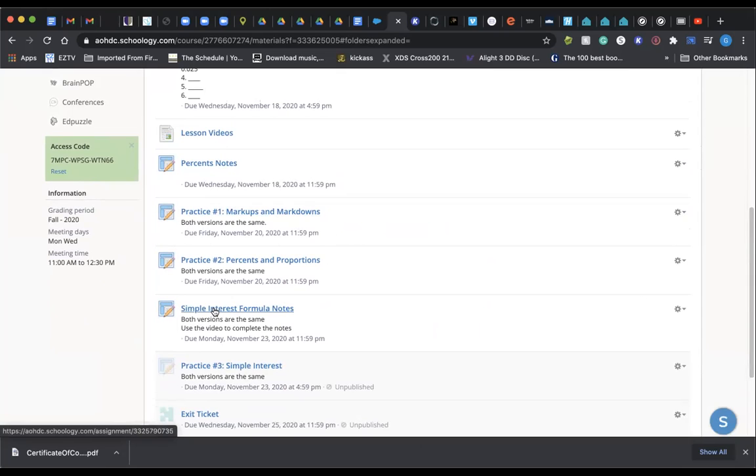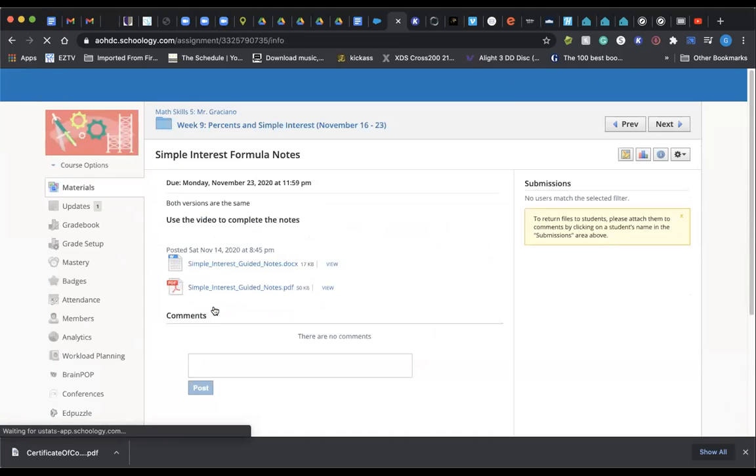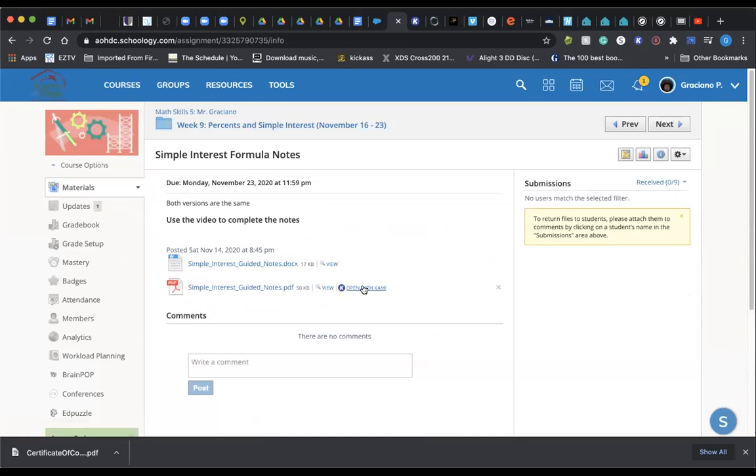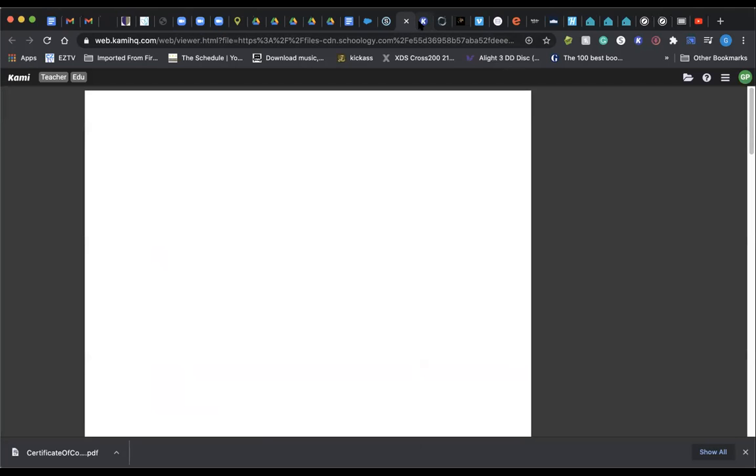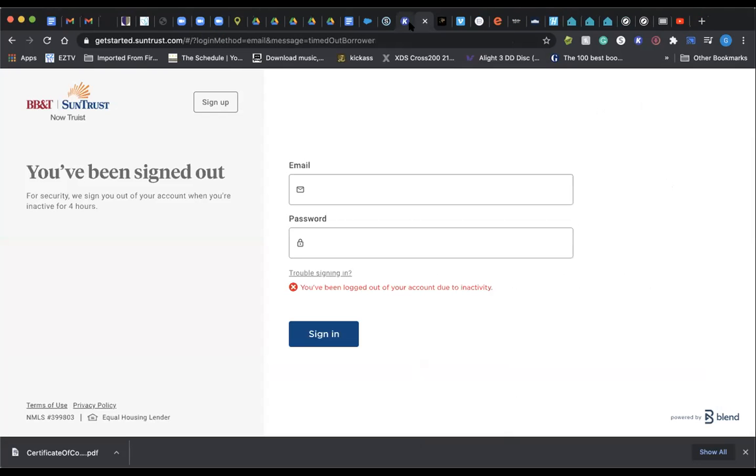And those are the notes we're going to work on now. There are 2 sets of notes this week. I'm going to open the PDF version of the notes, and that's what we have open here.